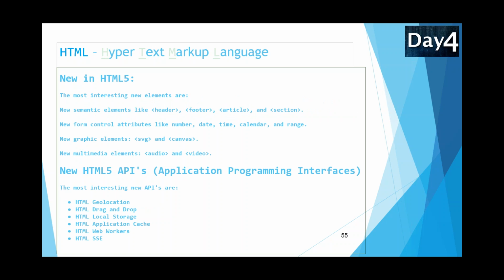HTML5's interesting new elements are header, footer, article, section. These elements were not there earlier, and there are even new control types. We have some input controls that we will discuss; they didn't have these formats earlier, and now they are supported. And there are new graphical elements, SVG.